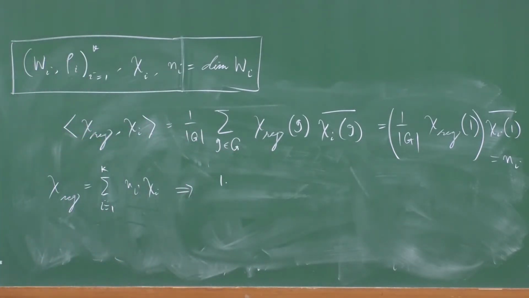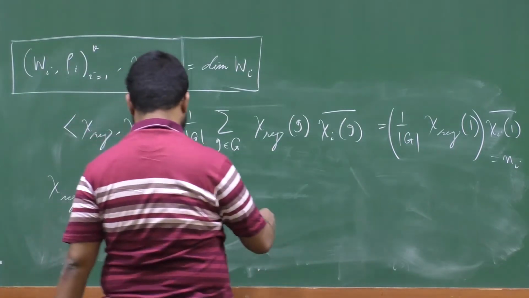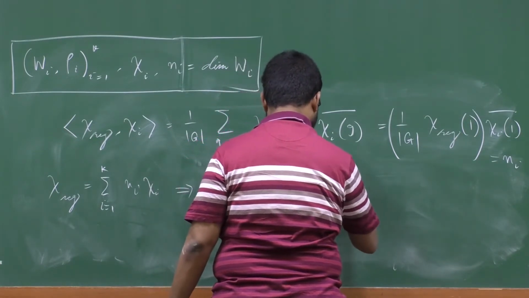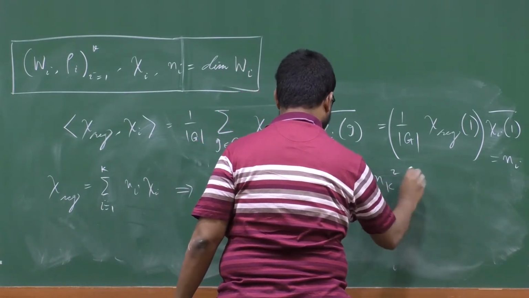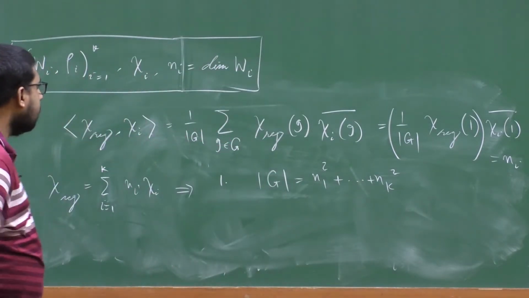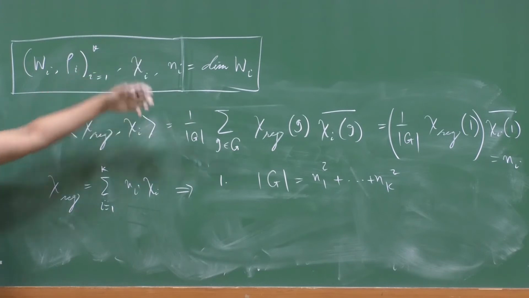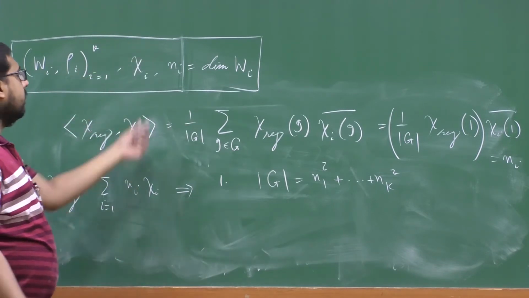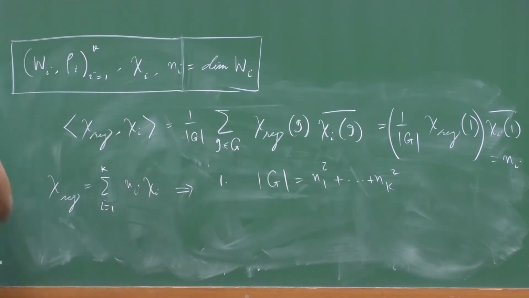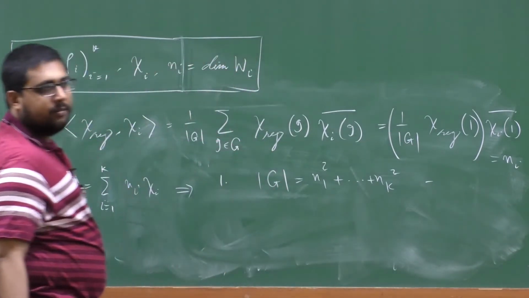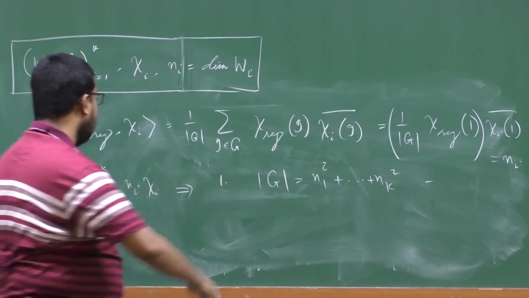Now you evaluate both sides at the identity. So the first consequence is the sum of Nk squared equals order of G. So if these are my irreducible representations after isomorphism, then the sum of the squares of their dimensions must be equal to the order of G. That is what we prove, which otherwise would be very difficult to establish.